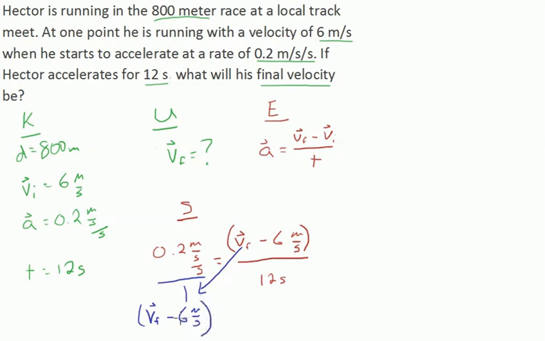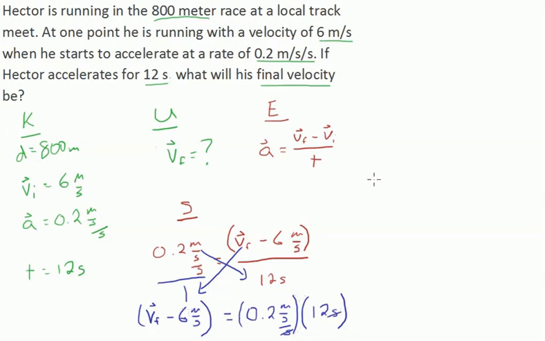All that was times 1, so nothing changes there. And then we're going to cross all this here, so we have 0.2 meters per second. I'm just putting those in parentheses to keep them separate from the 12 seconds here. We're multiplying those together, 12 seconds. The seconds here will cancel out with that seconds right there.